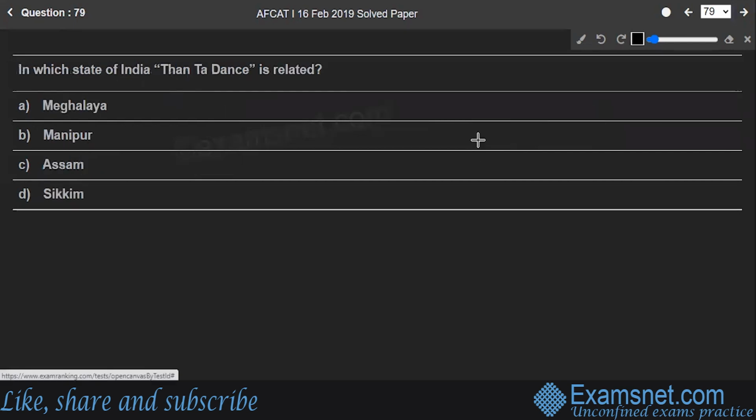Next is question number 79. In which state of India is Thanta dance related? Is it Meghalaya, Manipur, Assam, or Sikkim?